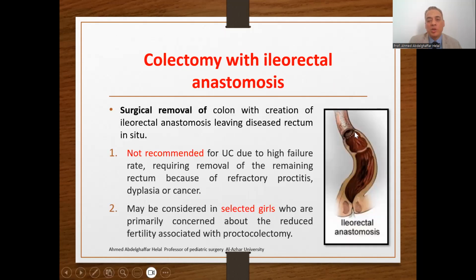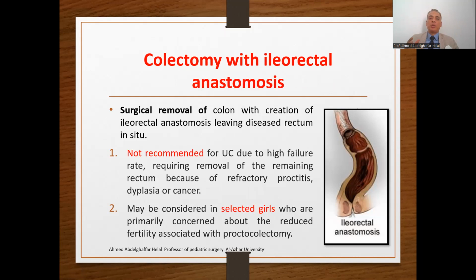Colectomy with ileorectal anastomosis removes the colon and leaves the diseased rectum inside. It's not recommended due to the high failure rate, and most of these patients will require proctectomy, or removal of the rectum, again. It may be considered in some selected girls who are primarily concerned about reduced fertility associated with proctocolectomy.